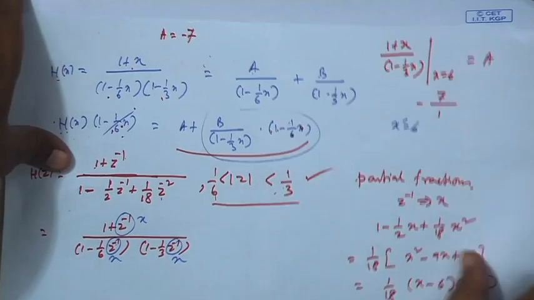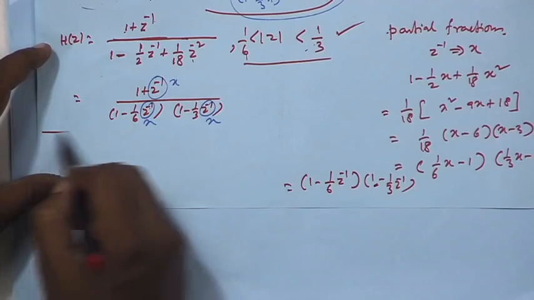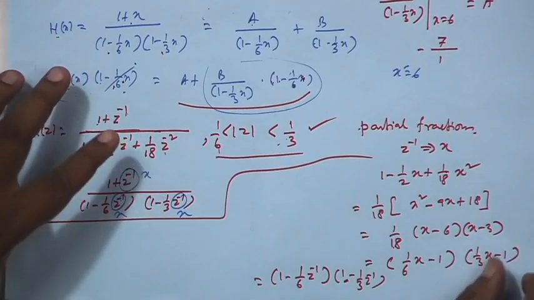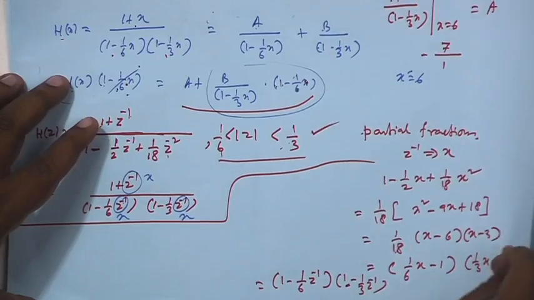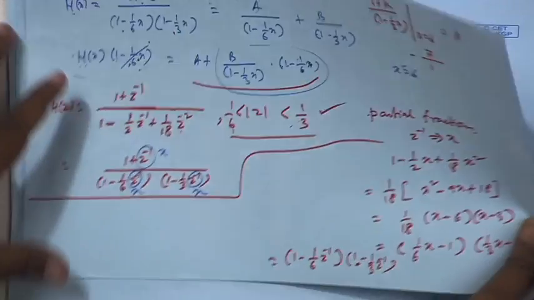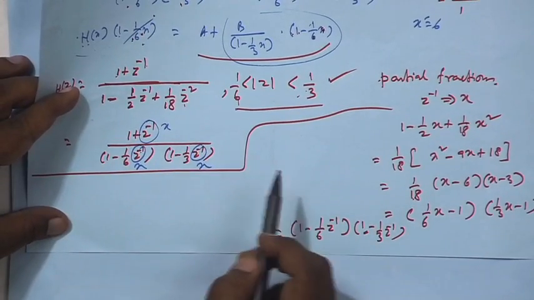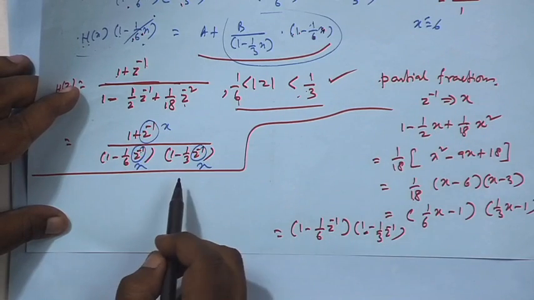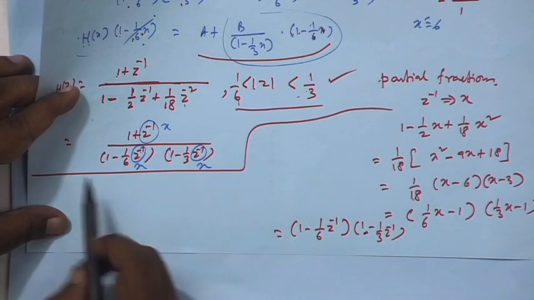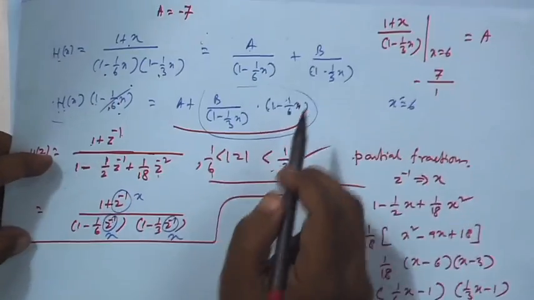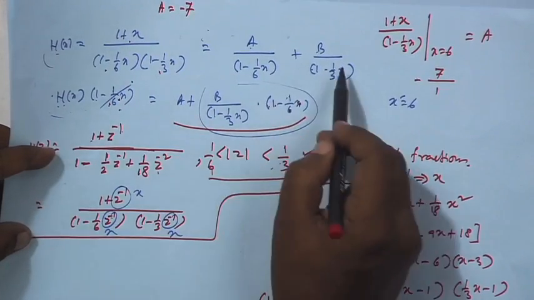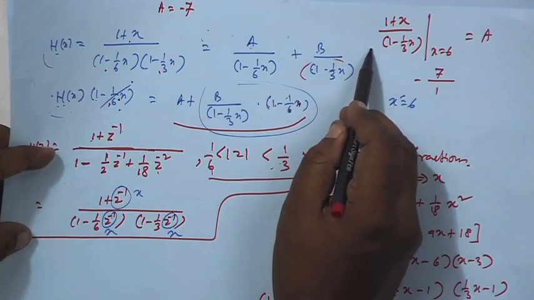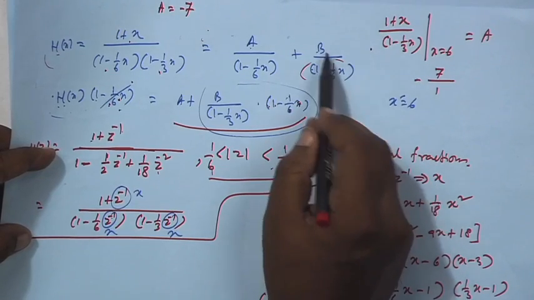Similarly, find out b. How? The same way, I multiply the left hand side and right hand side by the factor 1 minus 1/3 x. Then 1 minus 1/3 x cancels, and I am left with b.